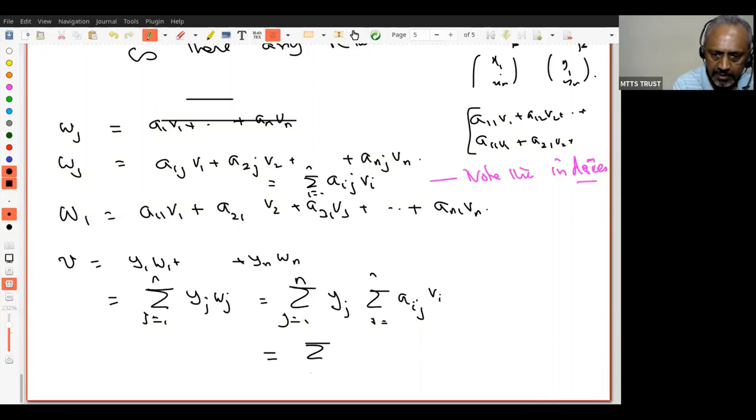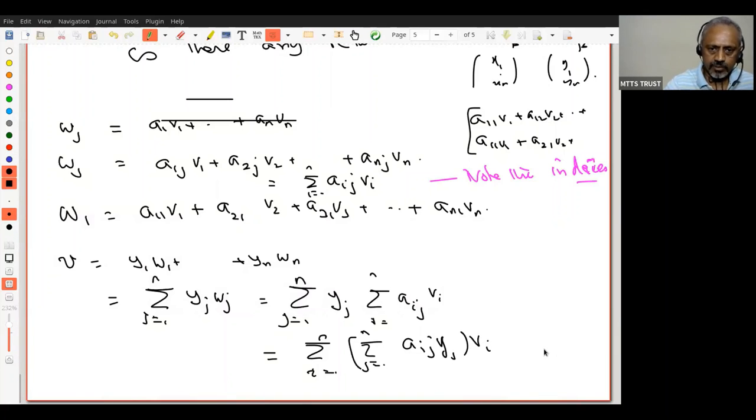Therefore, I can write it as the summation over i equal to 1 to n and j equal to 1 to n of aij yj into vi. If you're a BSc student, it will look like some kind of manipulation, but you should be confident of what is happening behind the scenes. So I will explain that.